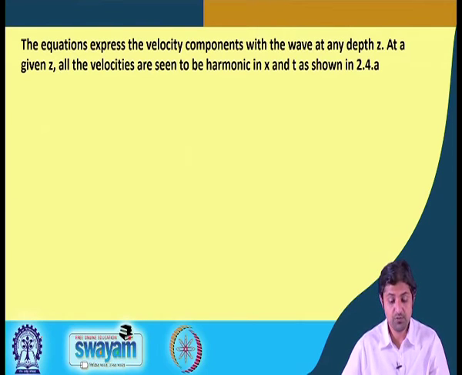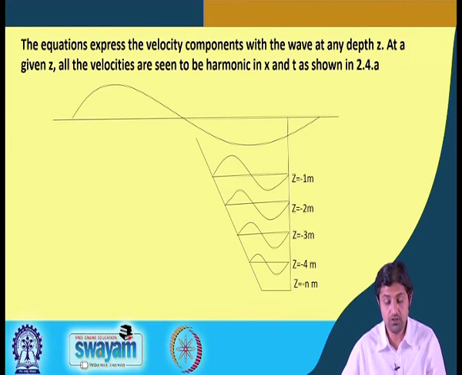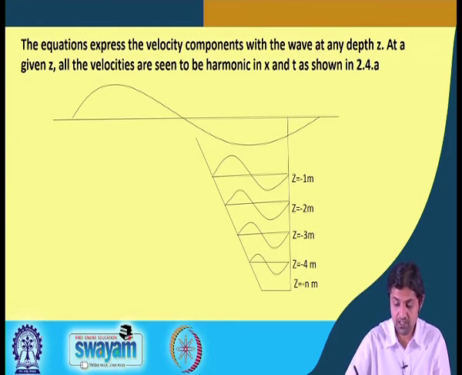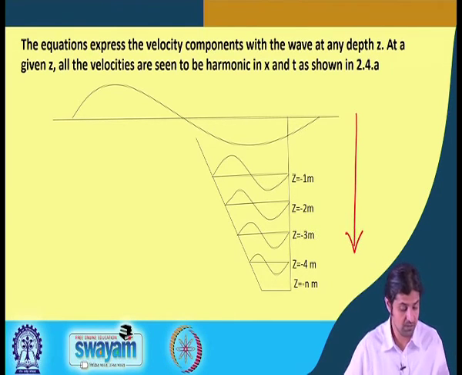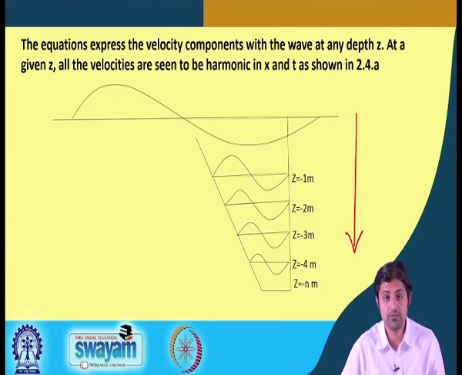All right. So the equation expresses the velocity components with the wave at any depth z. At a given z, all the velocities are seen to be harmonic in x and t as shown in the figure. If we plot those, it's harmonic, but with different z, this is the variation which we are getting. All right.